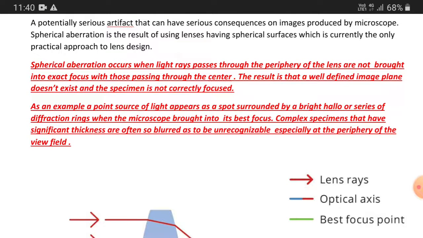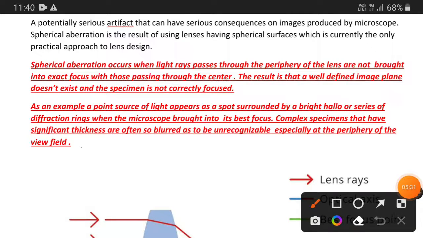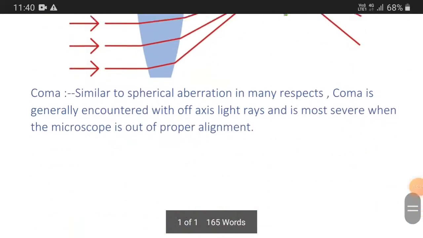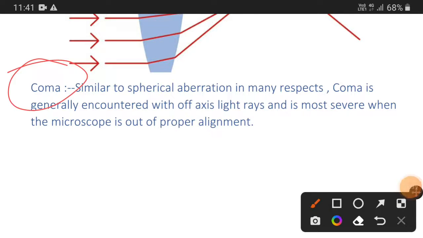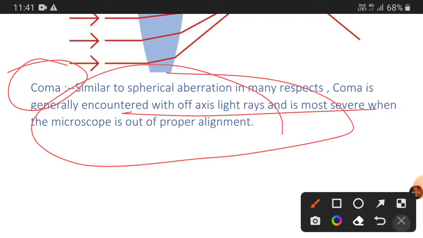More specifically, complex specimens with a good level of thickness are often so blurred as to be unrecognizable, especially at the periphery of the view field. So that is the idea of spherical aberration, and coma is similar to spherical aberration. Here coma is generally encountered with off axis light rays and is most severe when the microscope is out of proper alignment. Okay, so that's it for today.